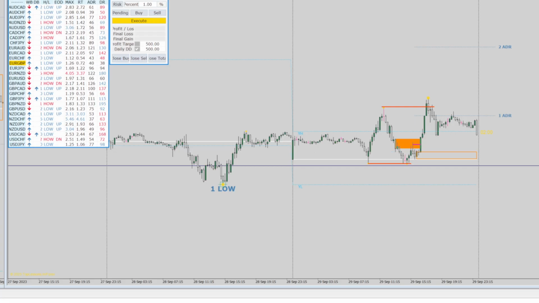So let's get to the charts. Today, a number of things happened. I was busy trying to share with you all how to use the daily range. This section right here, guys, is very critical, especially when it's coming into New York time and you're not sure whether or not the market is going to reverse.